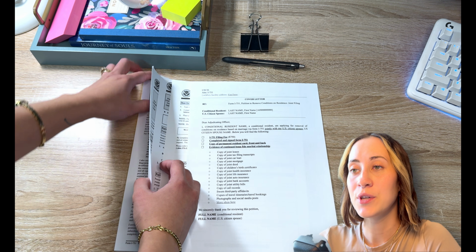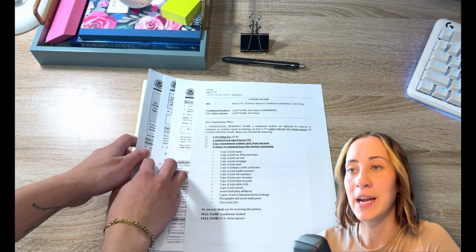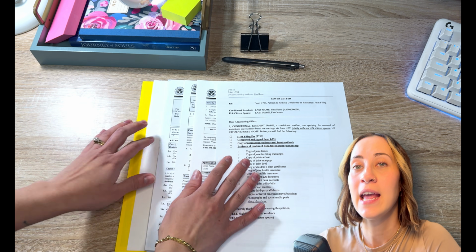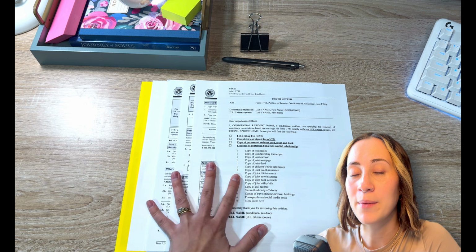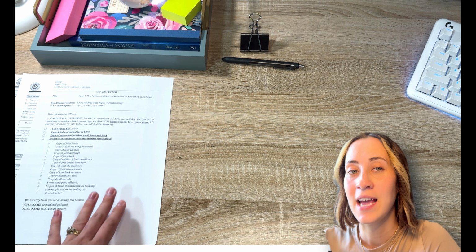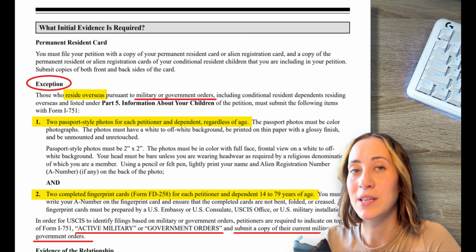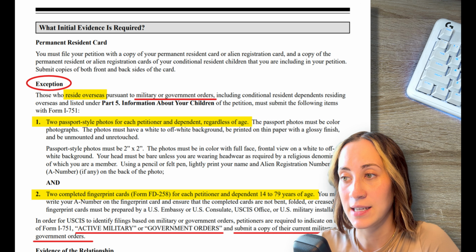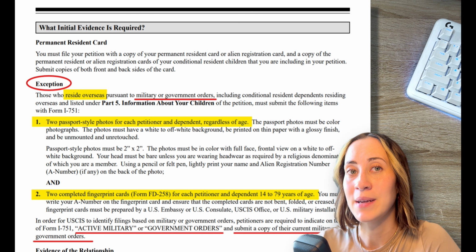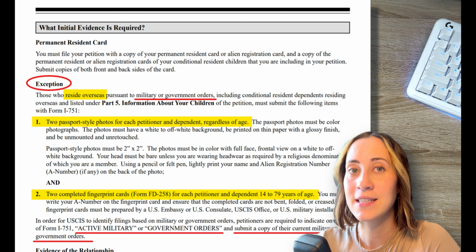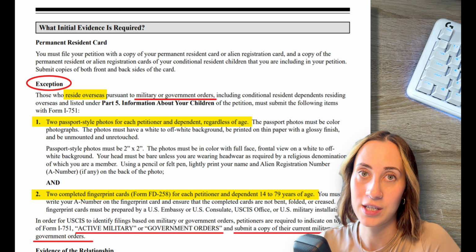You do not need to include passport-style photos or any kind of biographical information page with this application if you are applying from inside the United States. There are certain exceptions for people who are in the military who are located overseas who would need to submit these two additional pieces of information, and you can find this in the form instructions.